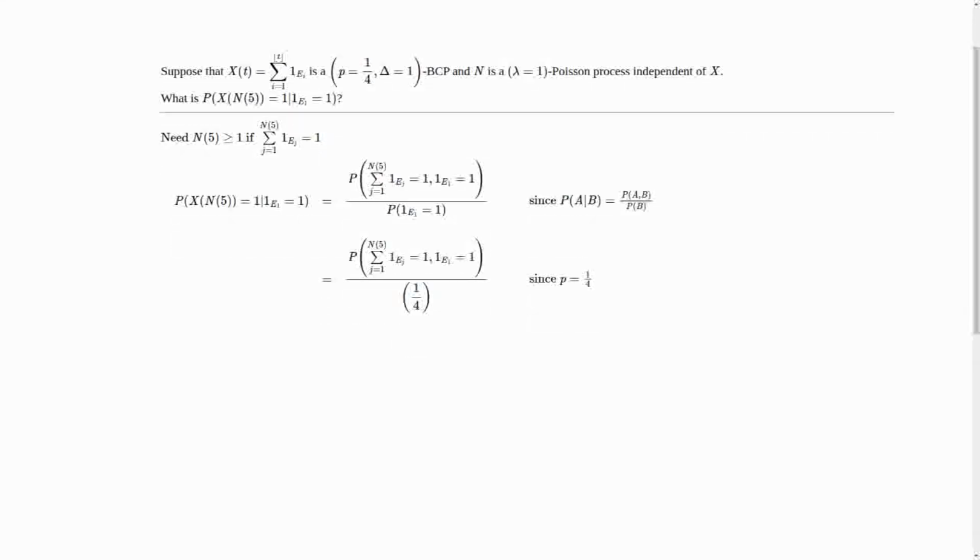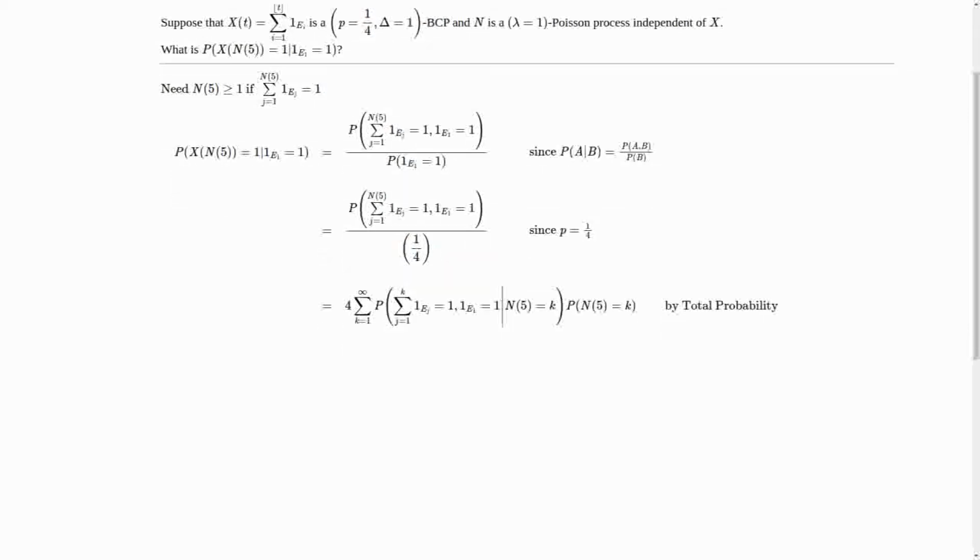Now the denominator in this form, the probability that 1_{E_1} is equal to 1, is just the P, the success rate of the Bernoulli trials, which we were given as a quarter. So the denominator is a quarter, and so what we're left with is the same numerator with a 4 out in front. And now to evaluate that, we can use total probability.